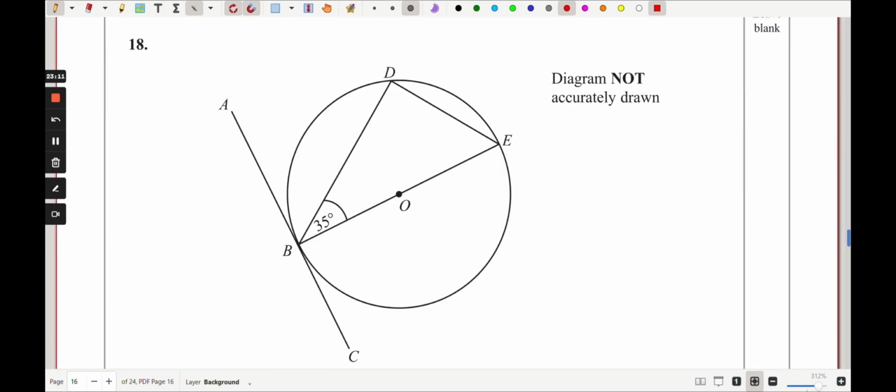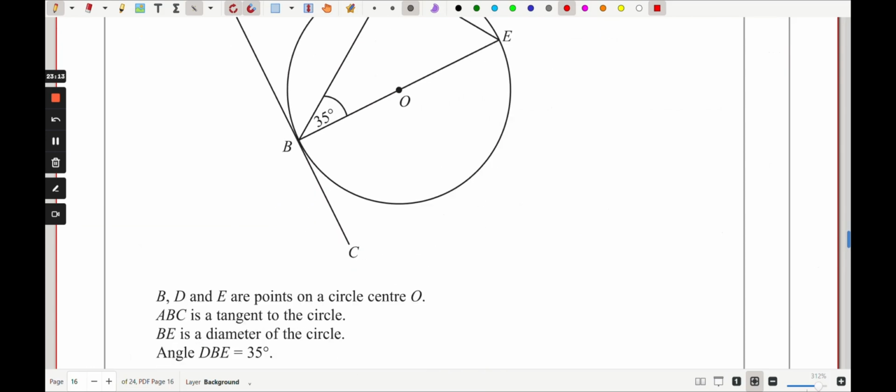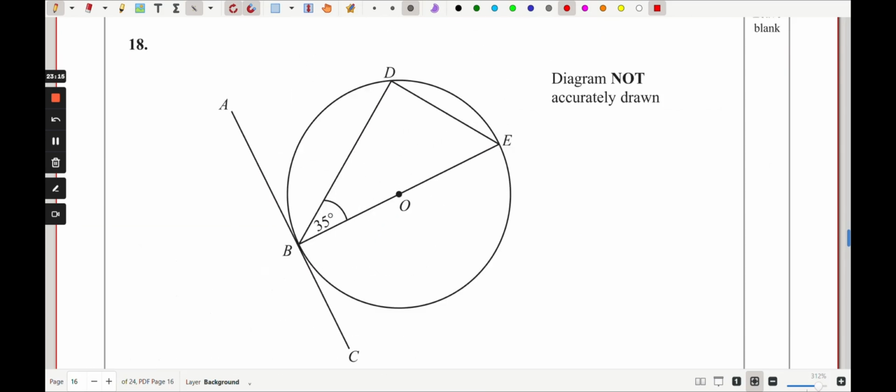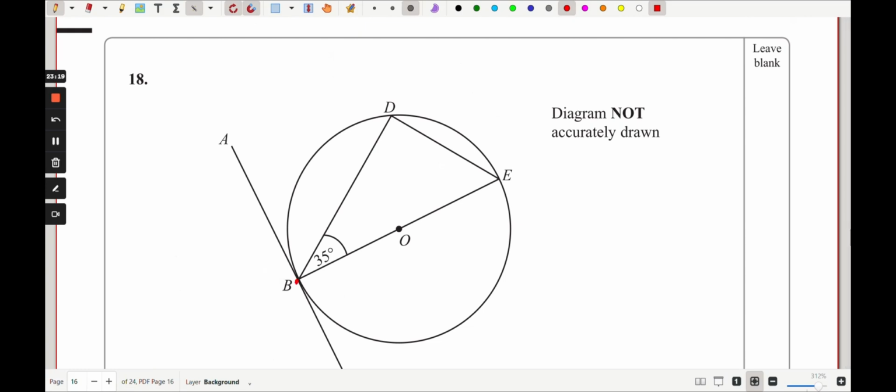Here we are going to work with geometry. So this is question 18. We have a circle and also a tangent here.